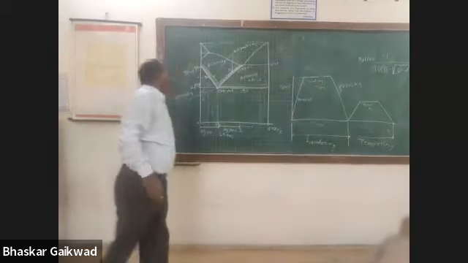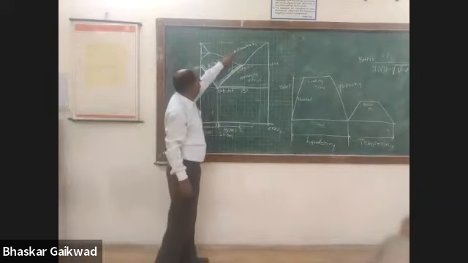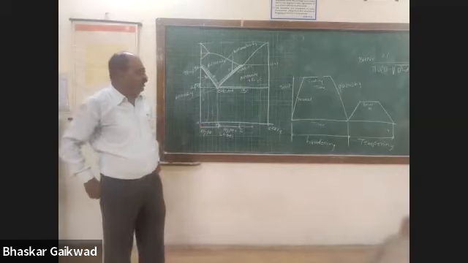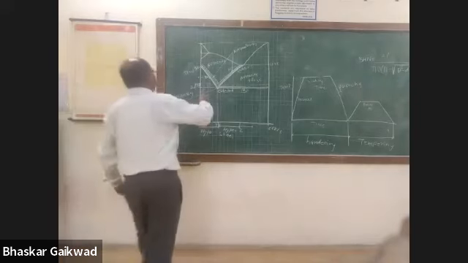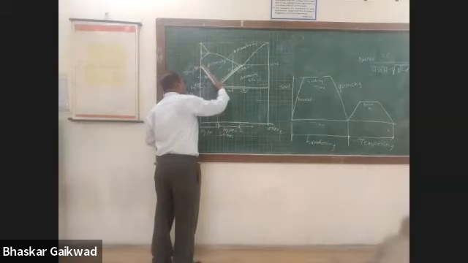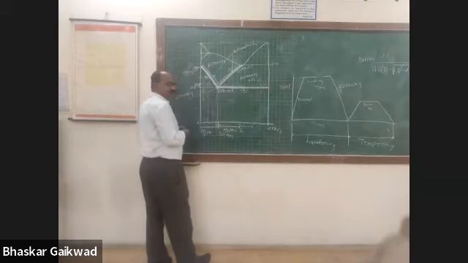For normalizing, once again, you can see here I have shown the annealing. For normalizing of hypoeutectoid steel, you can go plus 50 degrees above annealing. Here this dark color shows annealing, and hatching lines are there.